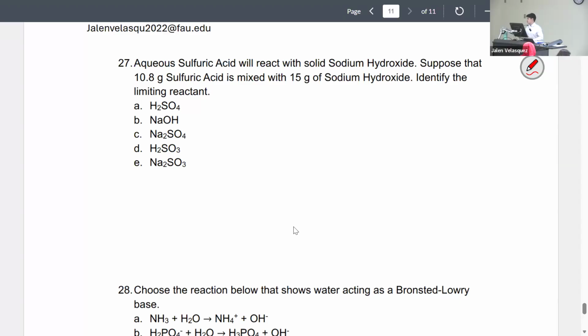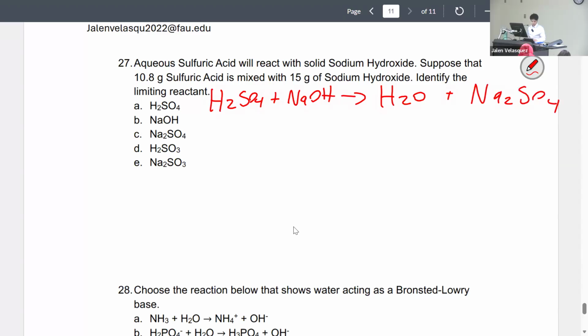So same thing here, you're going to need a balanced equation. We have a strong acid with a strong base. We have sulfuric acid plus sodium hydroxide gives you water and sodium sulfate. Then you would balance it.